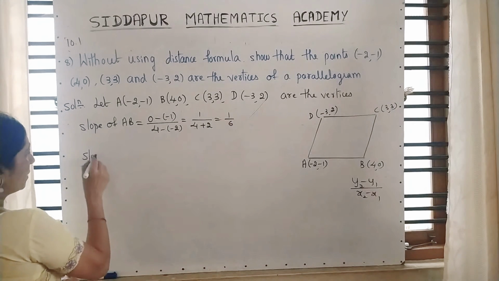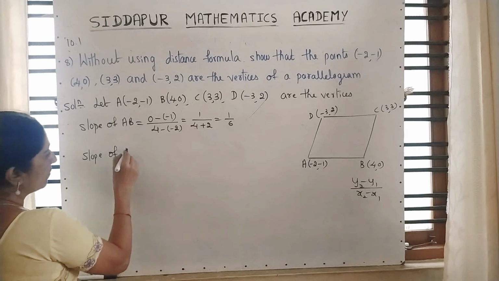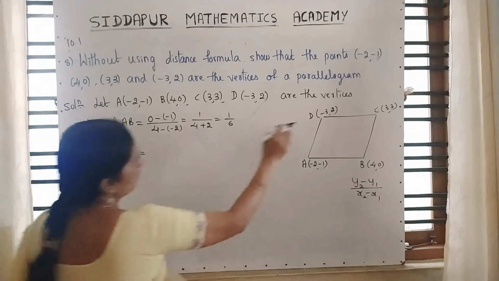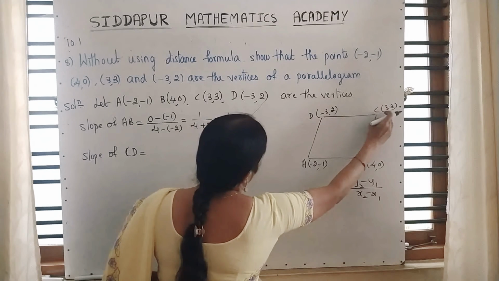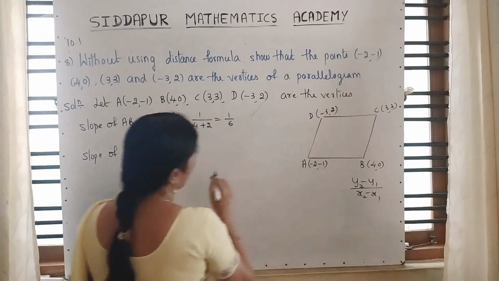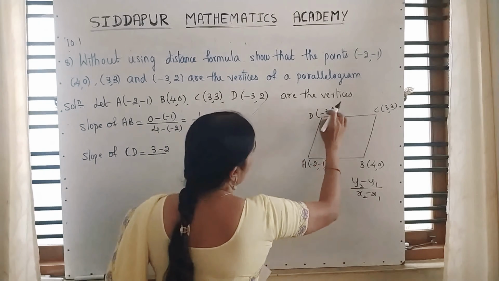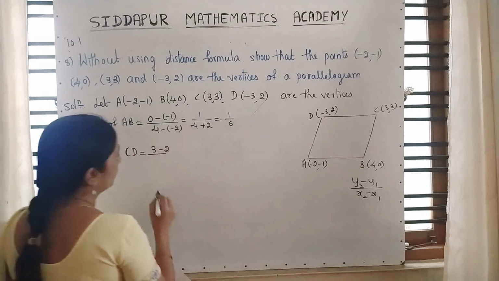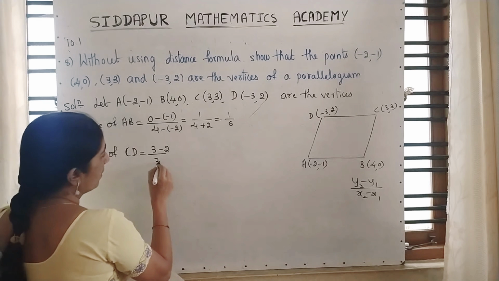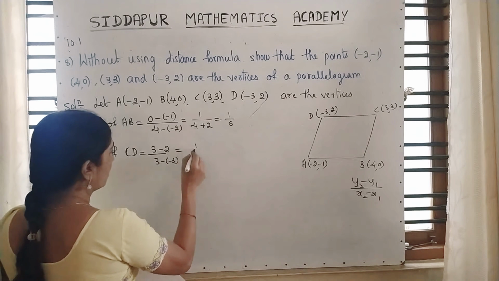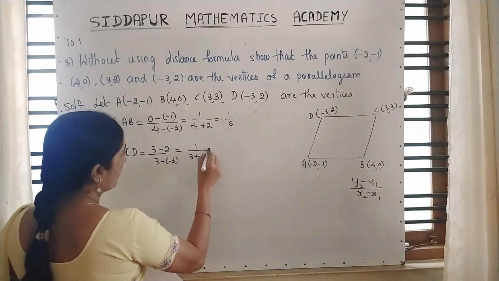Now I am finding the slope of CD. This is x1, y1, this is x2, y2. 3 minus 2 upon 3 minus of minus 3. That is 1 upon 6.